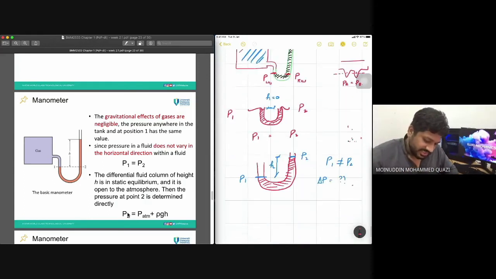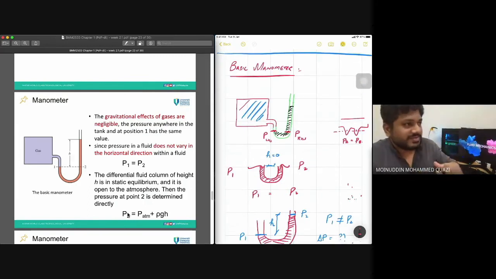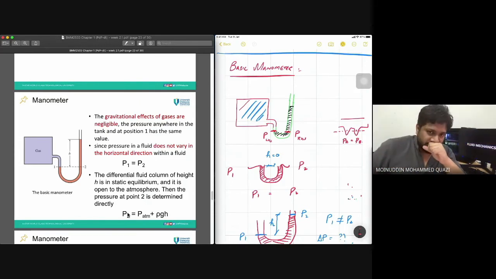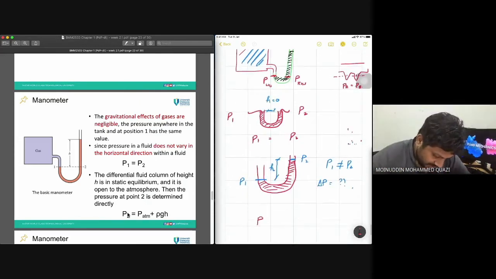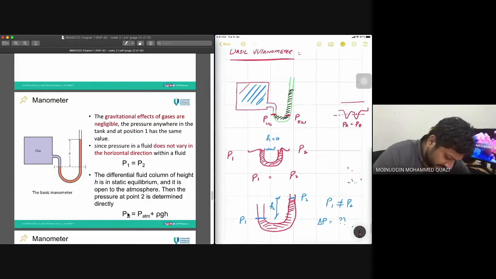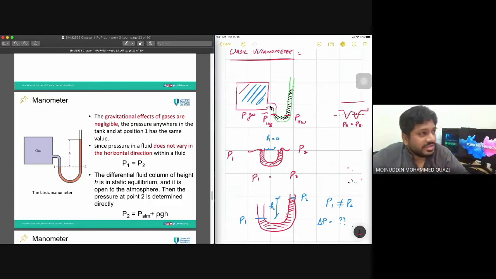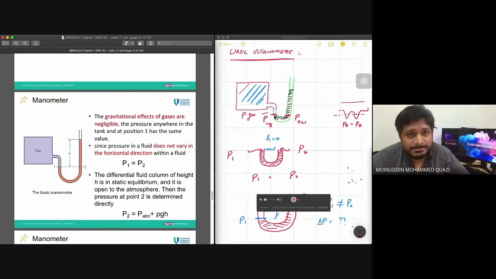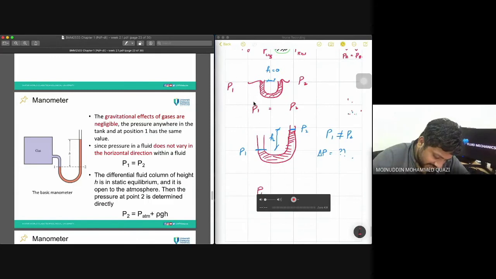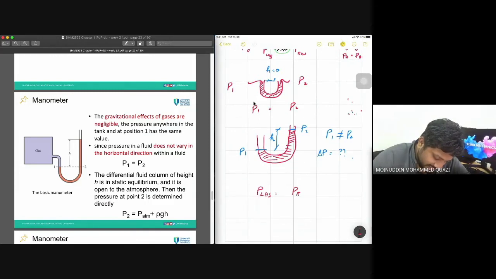All the pressure acting on the left hand side is equal to all the pressure acting on the right hand side. So the question is, what is the pressure on this left hand side? On this left hand side, this is the gas pressure, P gas. So at this point, all the pressure is gas pressure.